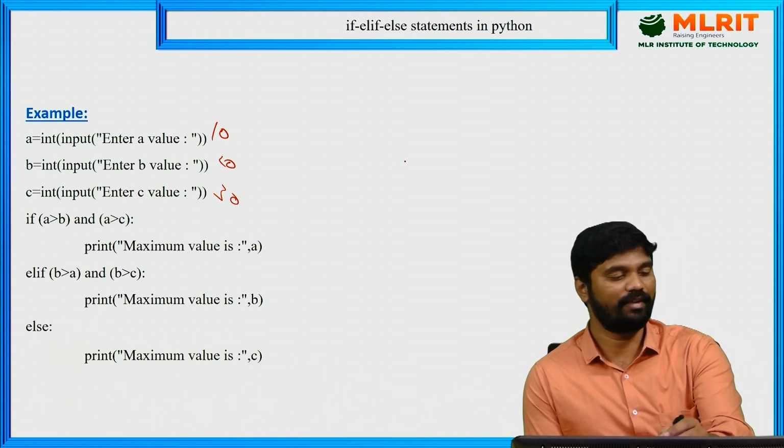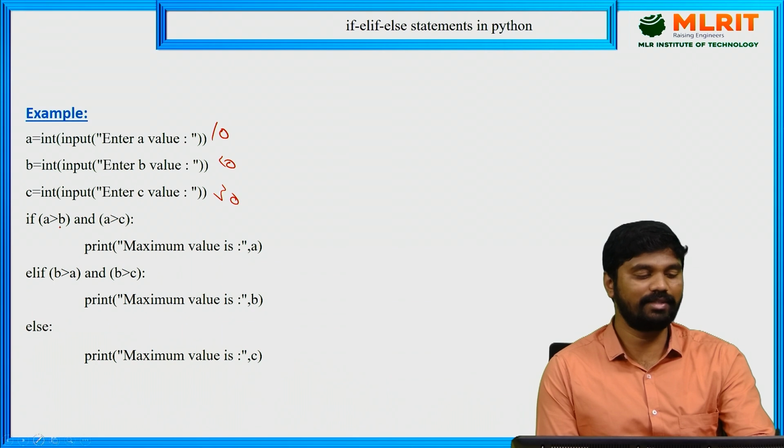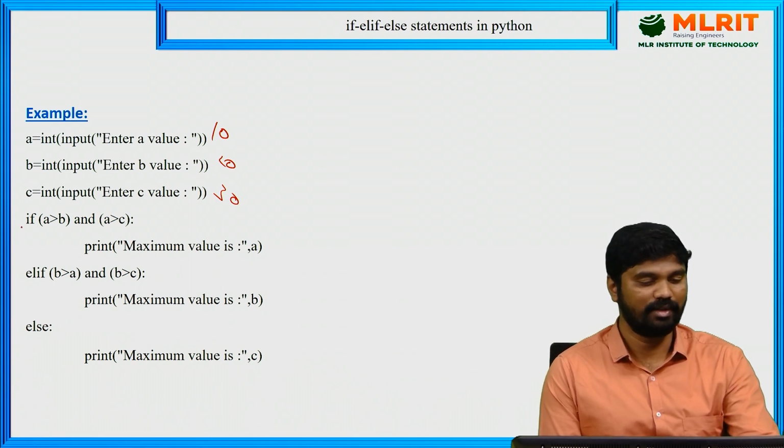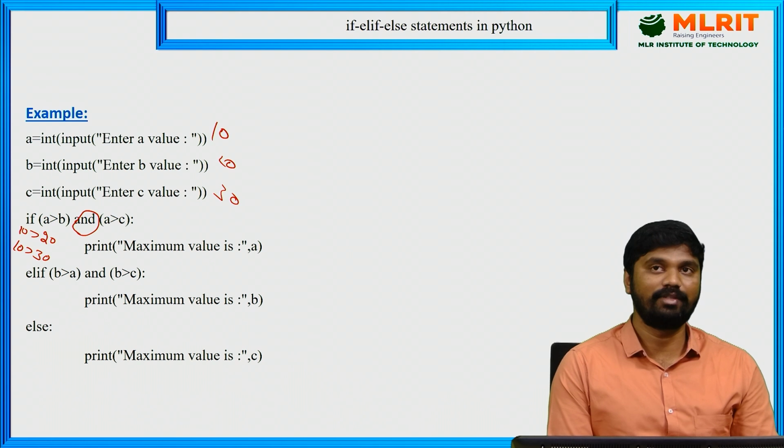Now we have to check whether A is greater than B and A is greater than C, that is, 10 is greater than B and 10 is greater than 30. Here we use the logical AND operator, which we discussed previously.